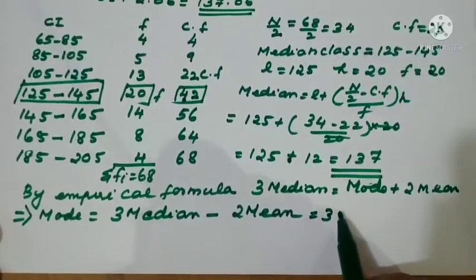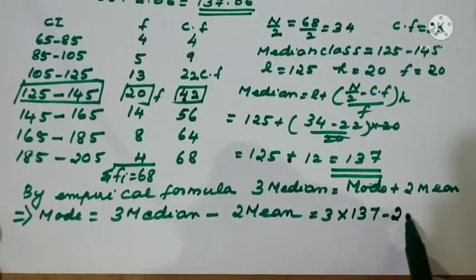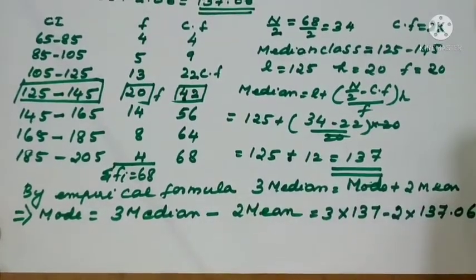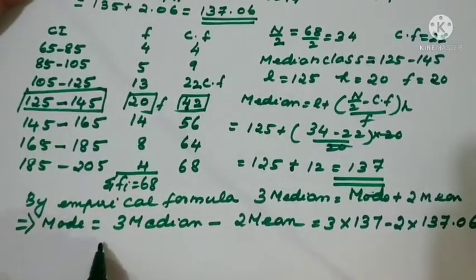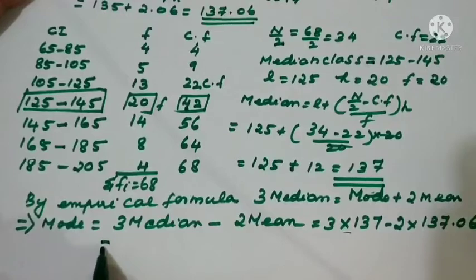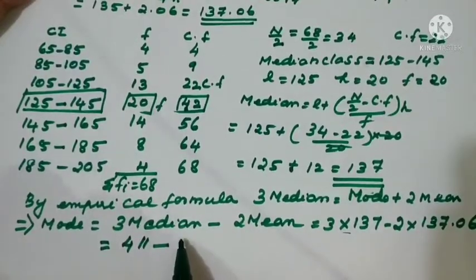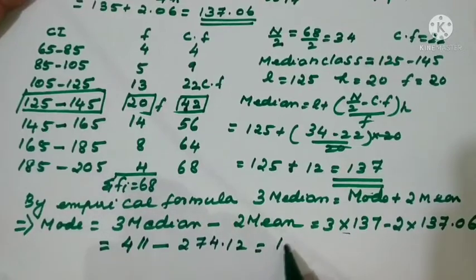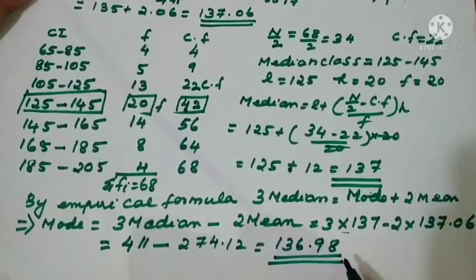So 3 into median is 137, minus 2 into 137.06. So 3 into 137, which is equal to 411, minus 2 into 137.06, that is equal to 274.12. When you subtract, which is equal to 136.98. So we got the third answer also.